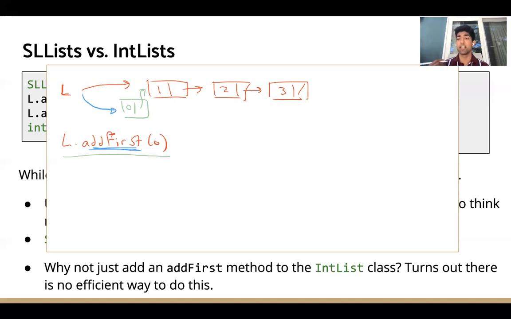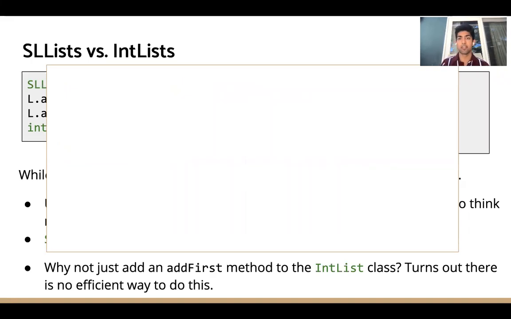All I can do is change the attributes of L, but I can't actually reassign L to this new node. And that's the reason why we can't have that add first functionality in the int list class, but we can have it in the SLList class.